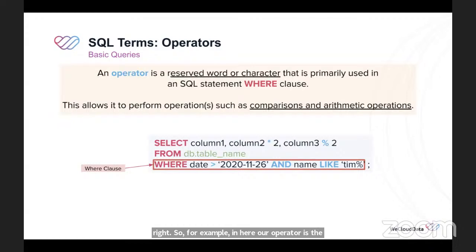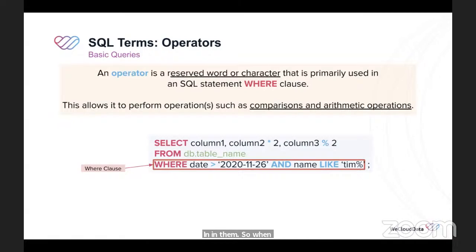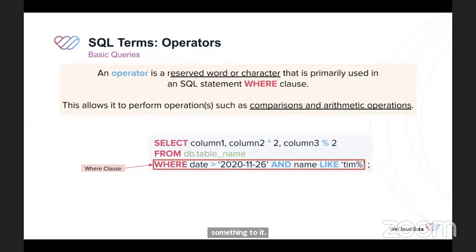So when you're naming your table or your columns, you want to avoid these keywords. You can add something to it. Let's say you have a location and you want to use where in your column name: maybe have where and an underscore, or where1, or just use location. So choose a different word instead.